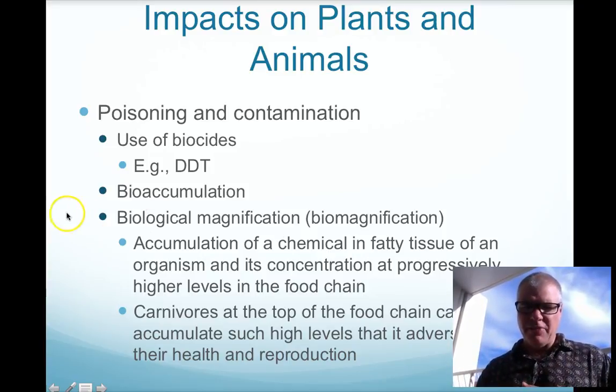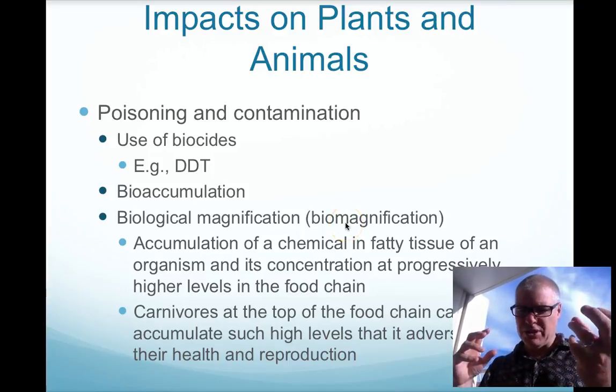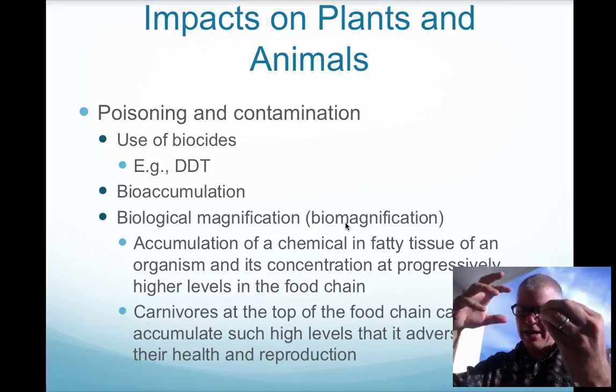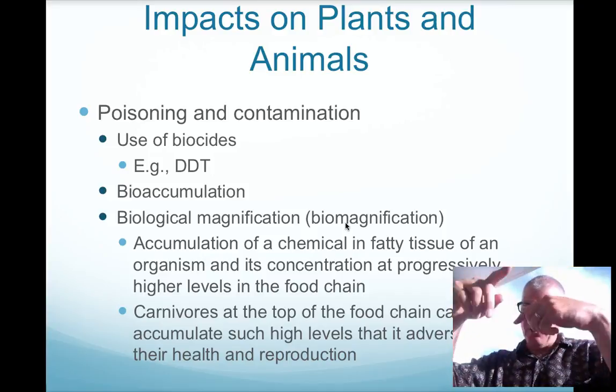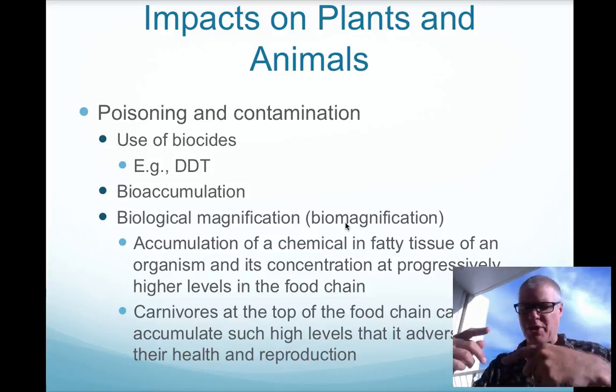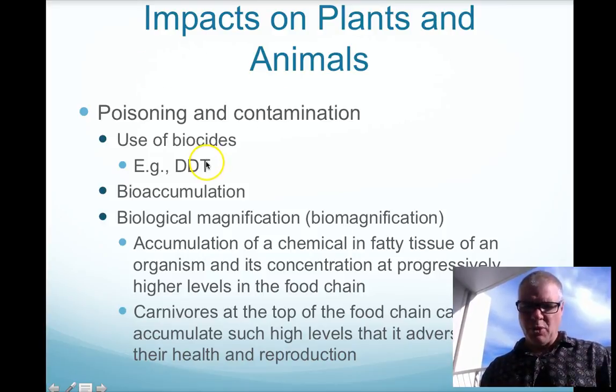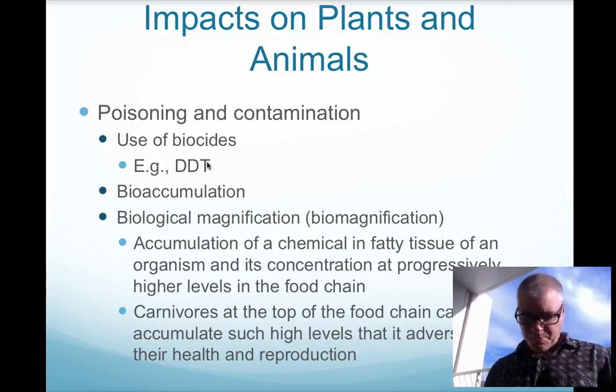And then biomagnification has to do with the fact that because a lot of these poisons like DDT would get into the fatty tissues of an animal, when another animal eats that animal, they get all of those poisons, and then they eat another animal, they get all of that animal's poisons, and they concentrate them. So as you go up the food chain, you get more and more of this poison concentrated in the individual animals. So things like DDT were responsible for big crashes in the population of eagles.